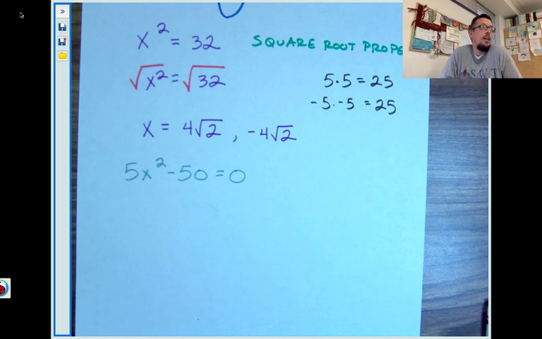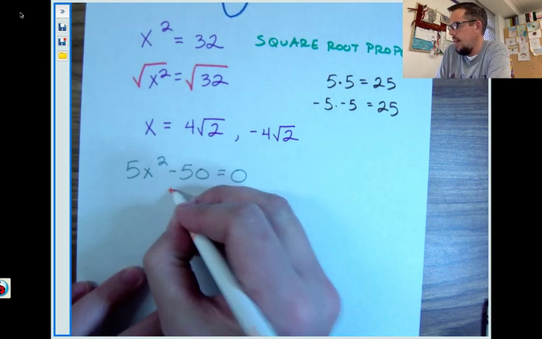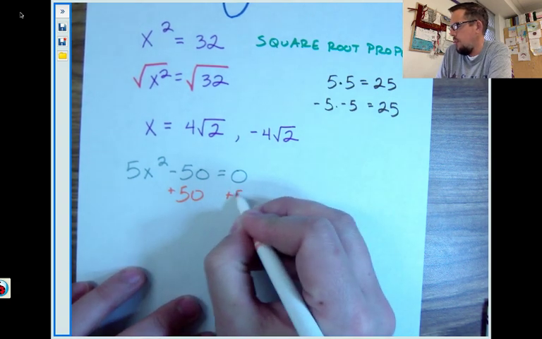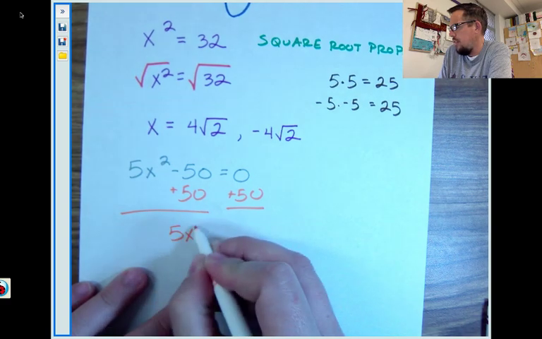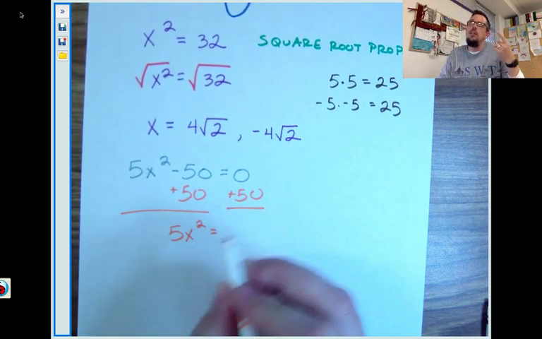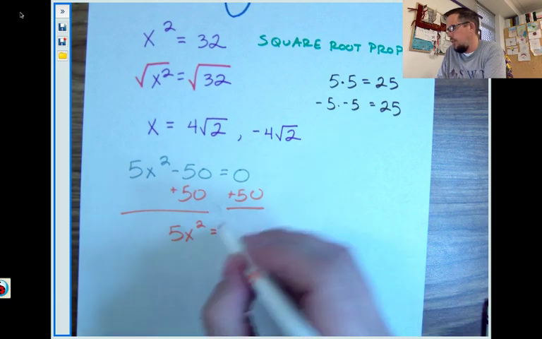I can do that here if I get the x squared by itself. So how do I do that? Okay, let's add 50 to both sides. That is a good plan, and I support it. So that gives us 5x squared over on the left side, and 0 plus 50 is 50.